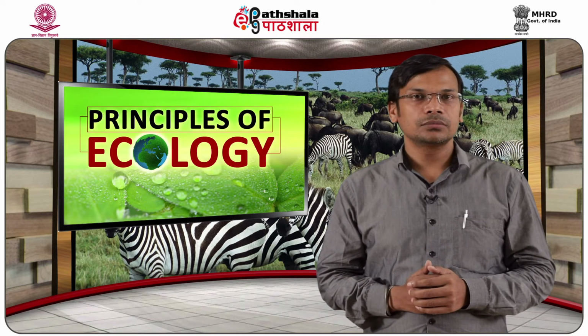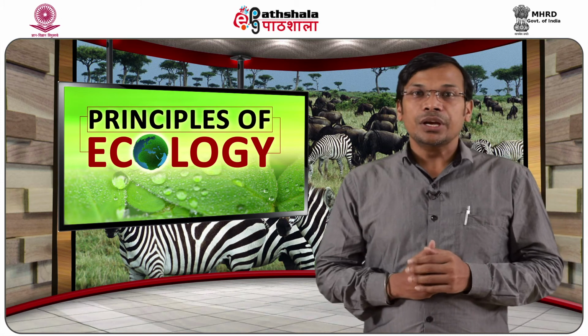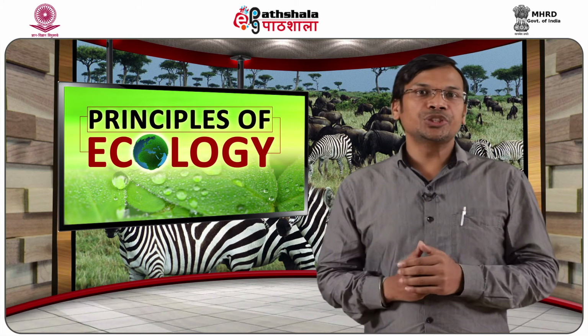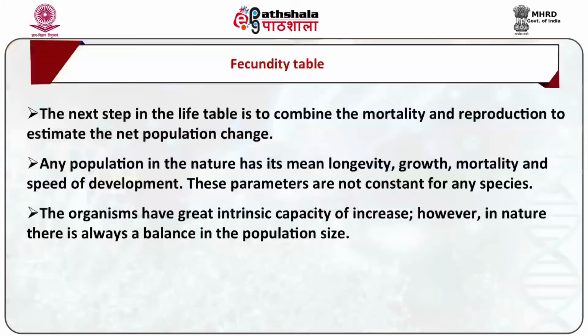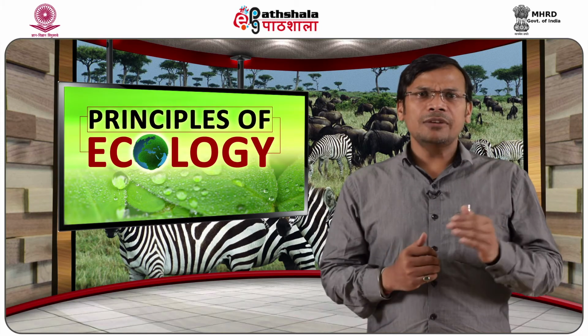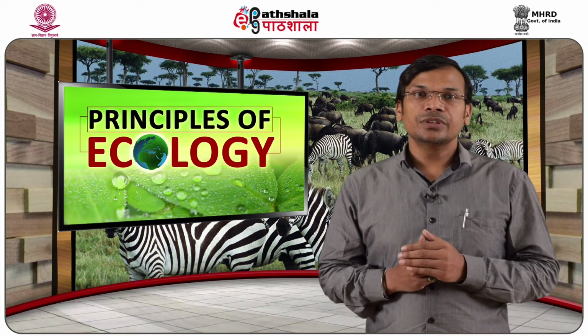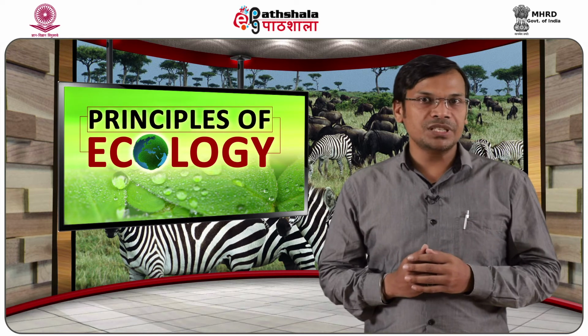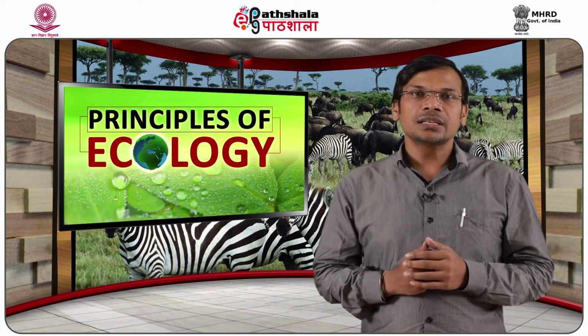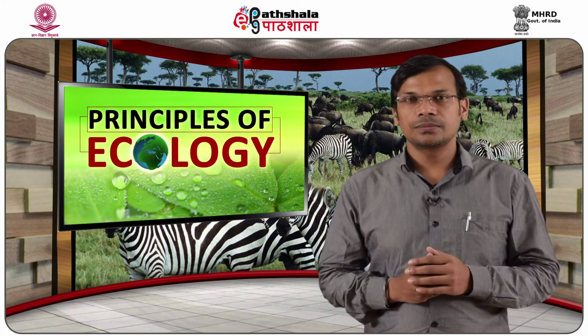Fecundity table. A fecundity table demonstrates the reproduction schedule of a population. The next step in the life table is to combine the mortality and reproduction to estimate the net population change. Alfred Lotka in 1925 derived one demographic parameter called intrinsic capacity of increase.